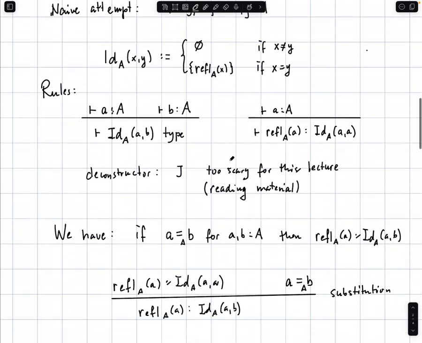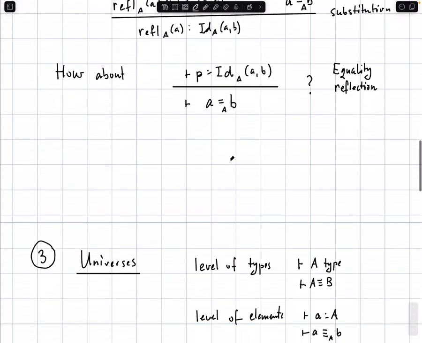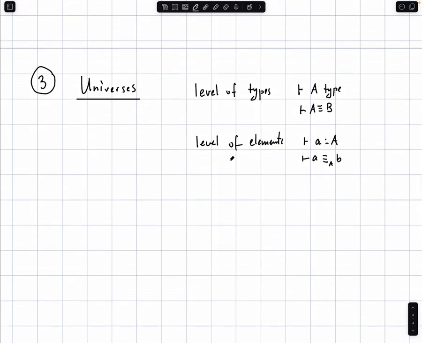Didn't we say that we described constructions using types? Yes, we did. But then there should be a type that describes constructions on types, and that would be a type of types. So the idea of a universe is a type whose elements are types.